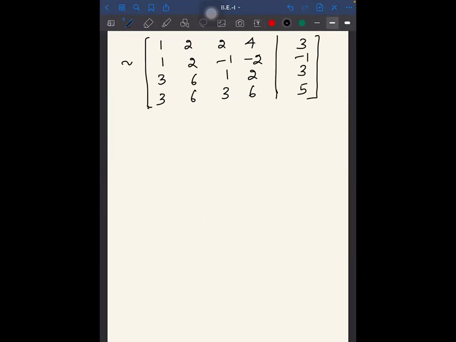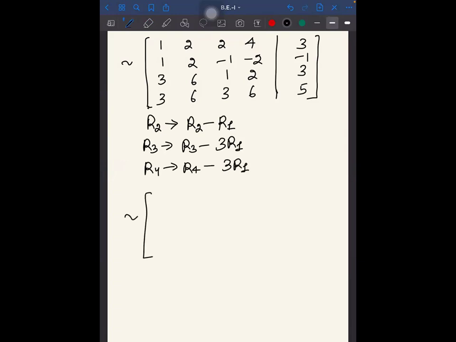We shall apply on R2, R2 minus R1, R3, R3 minus 3 times the R1, R4, R4 minus 3 times the R1. So we're gonna get 1, 2, 2, 4, 3, 0, 0, minus 3, minus 6, and minus 4.